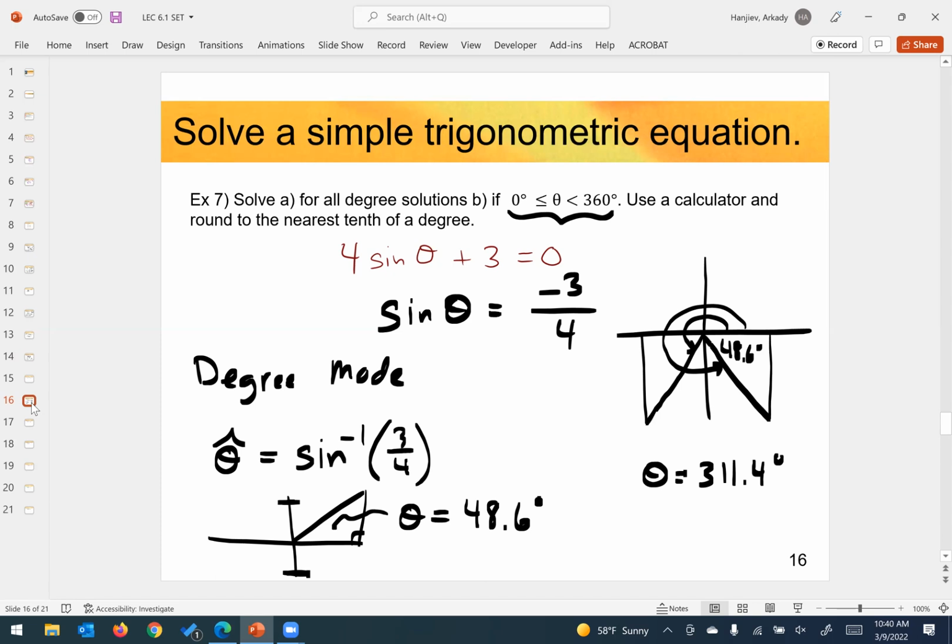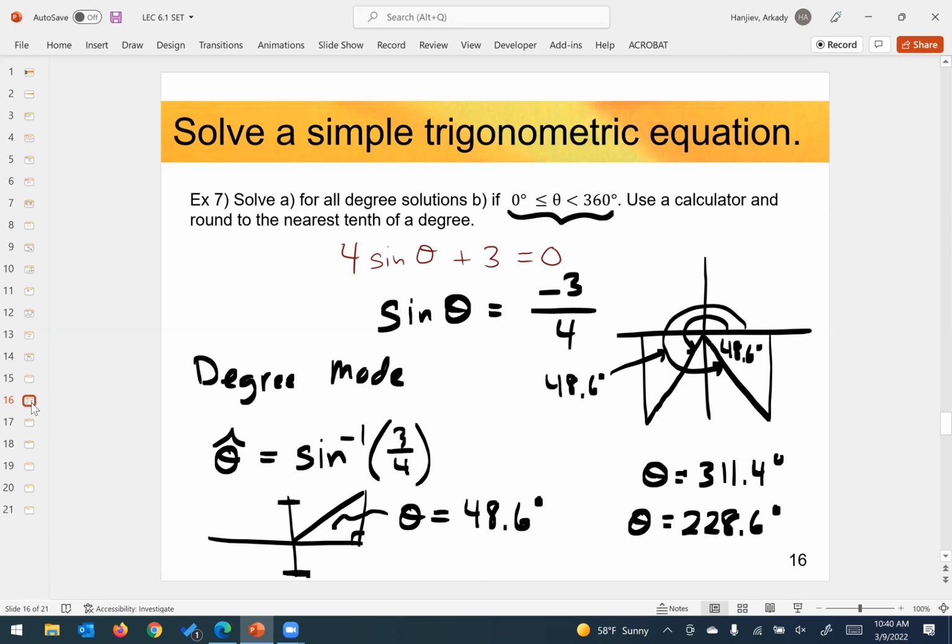And then this angle here would be 48.6 degrees past 180. Okay, you guys talk to me. Everybody okay with 311.4 and 228.6 and where we got them from?